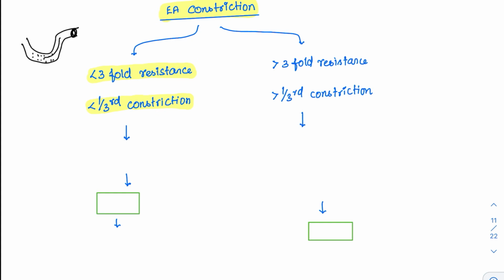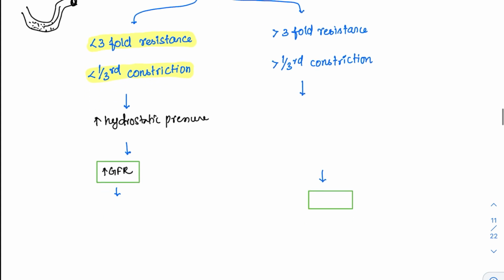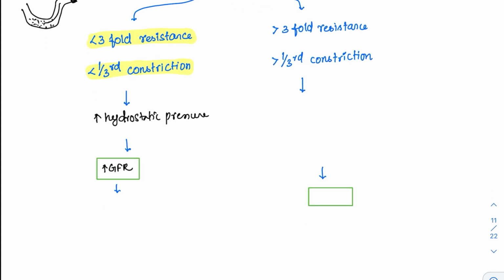As you can see from the diagram itself, the fluid is going to stay with increased pressure. Whenever there is an increase in hydrostatic pressure, what will happen to the GFR? The GFR will increase. And this is the one usually happening during physiological conditions.